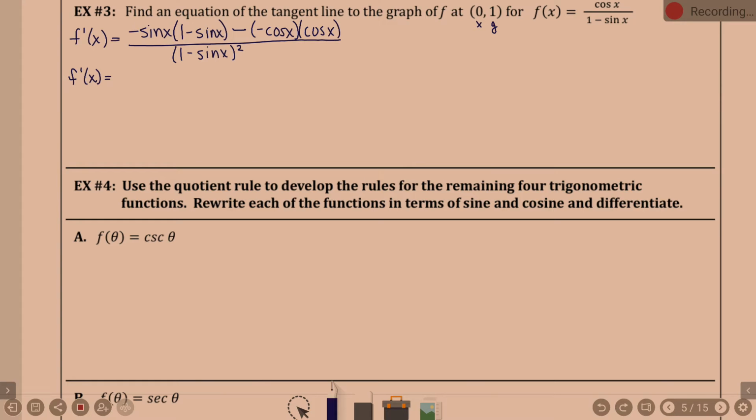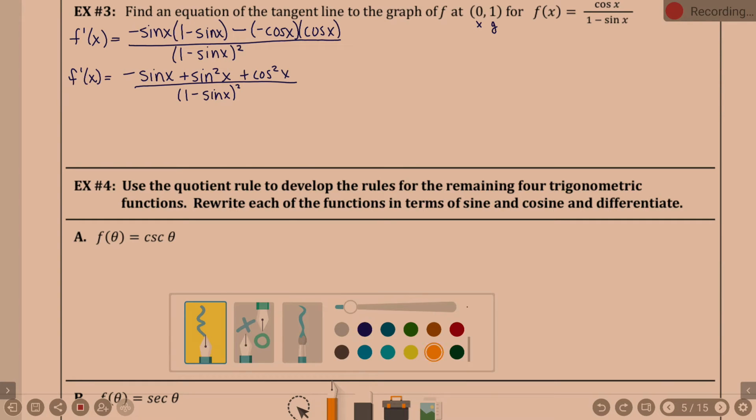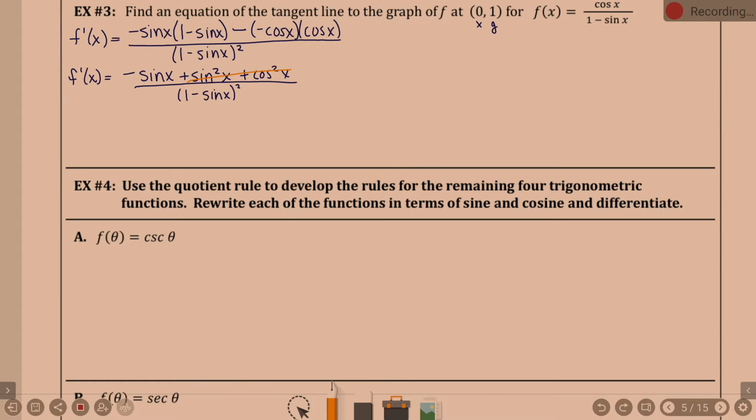Should work out similar to the last one, right? So we're going to distribute: minus sine x plus sine squared x plus cosine squared x, all over 1 minus sine x quantity squared. What do you notice? Sine squared x plus cosine squared x is going to be a 1.